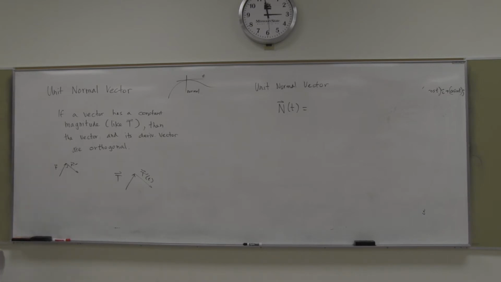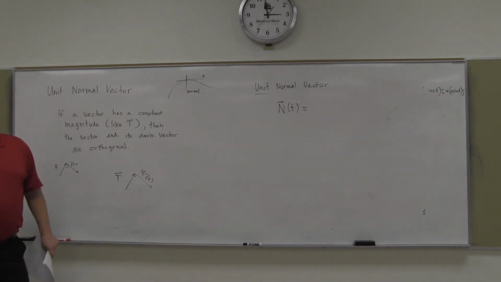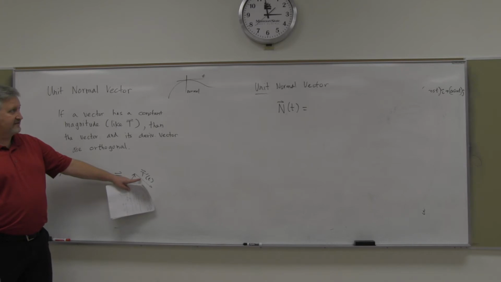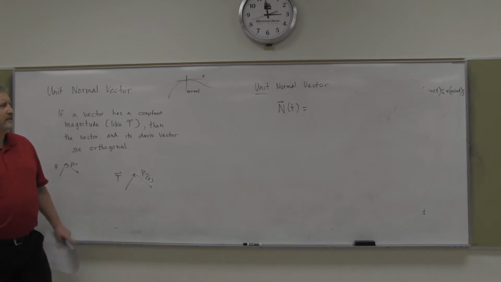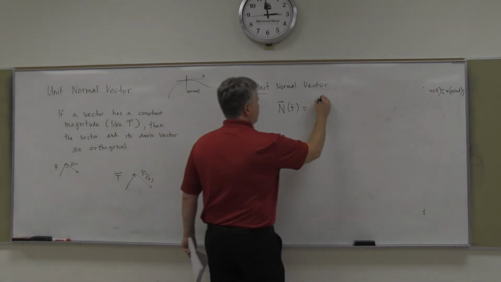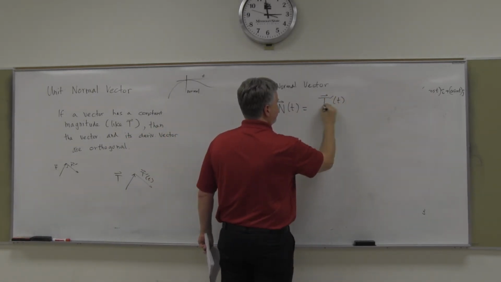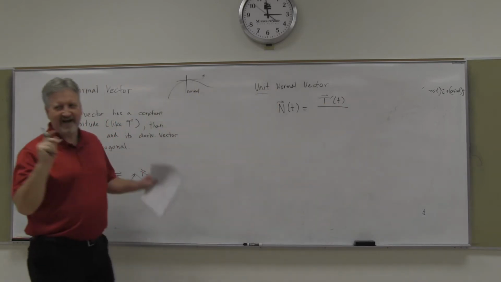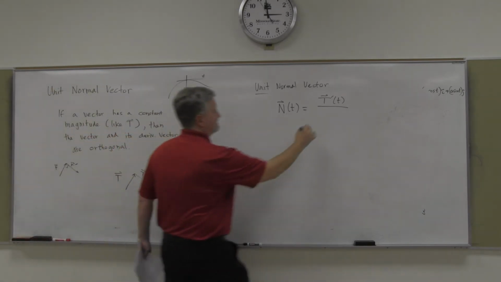The only thing missing is I want it to be a unit normal vector. I know this is orthogonal to it, to be normal. I want it to be a unit normal vector, so what do I have to do to make it unitized? Divide by its magnitude, right?